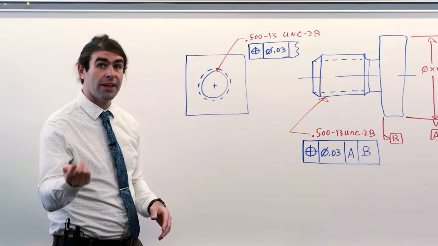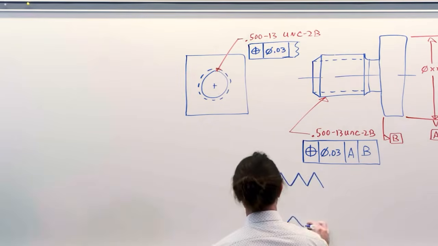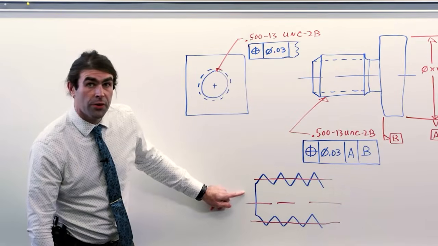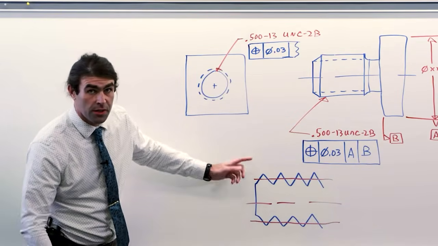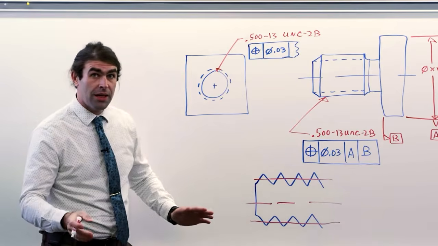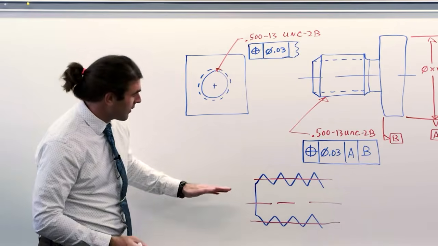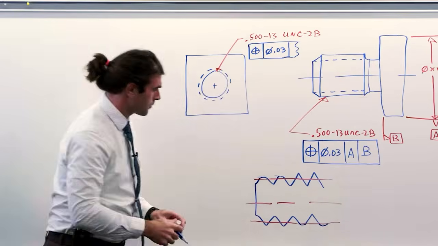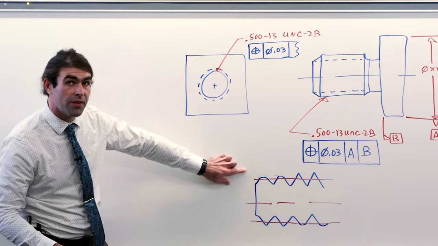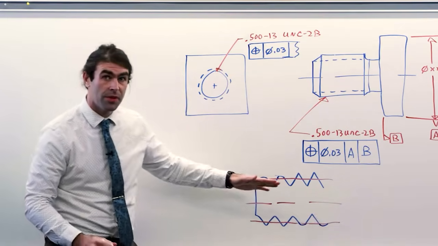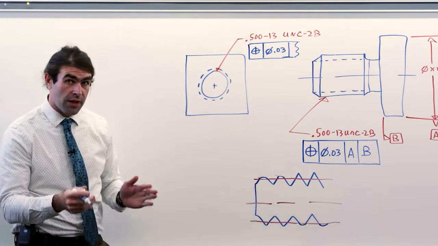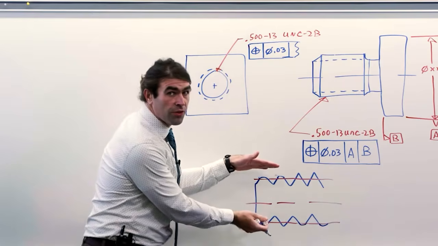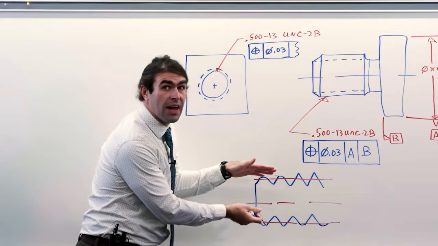You could have a thread like this. Our pitch cylinder is determined off the pitch of the threads. If somebody came in and ground the tops of the threads like so, right, you take some off the top of this side and some off the top of this side, you'd get a different answer if you gauge this thread by putting it in a collet or a chuck.